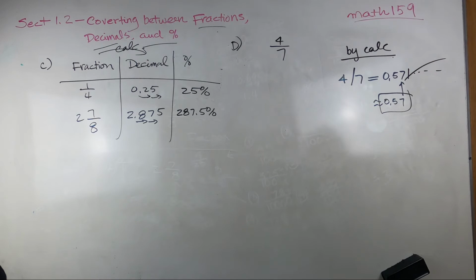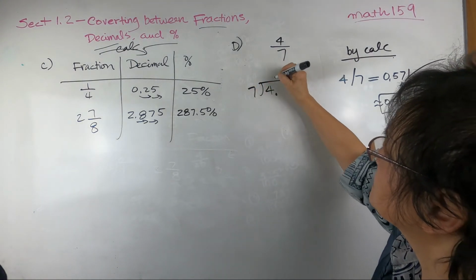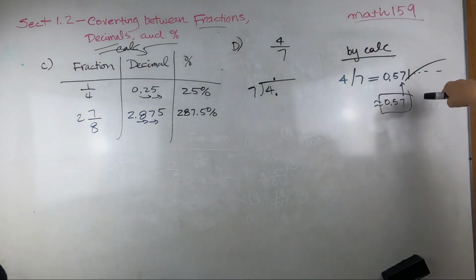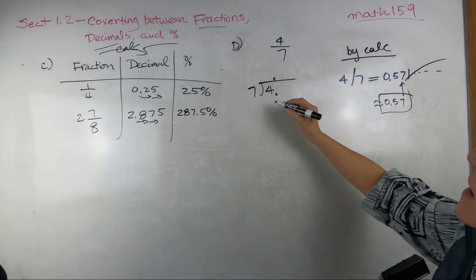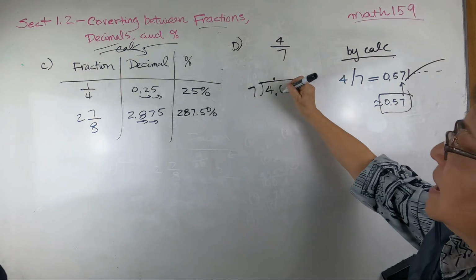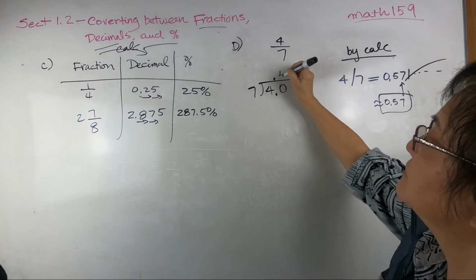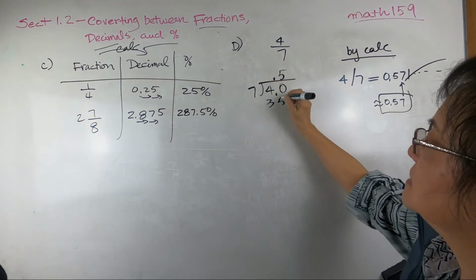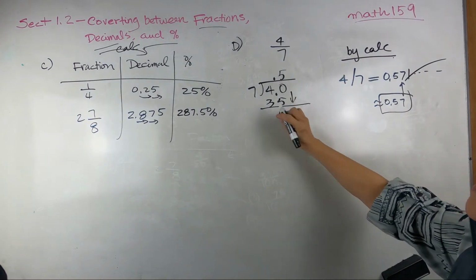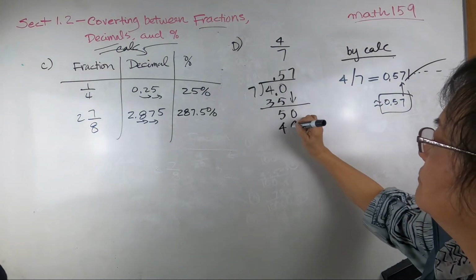Remember how to do it by hand? 4 divided by 7. You put the decimal here, right? We just do it once, but actually you can just use the calculator. 7 cannot go into 4. What do you do? Add a 0. 7 can go into 40 how many times? 5. 5 times 7 is 35. Remember this? Then you subtract. You drop another 0. 7 can go into 50, 7 times, 49.